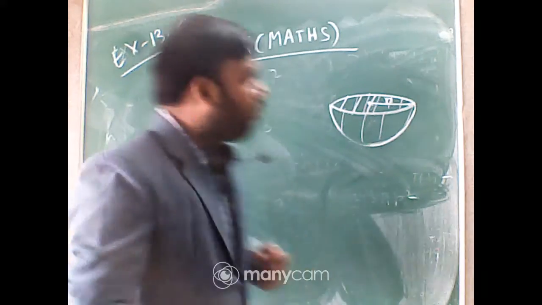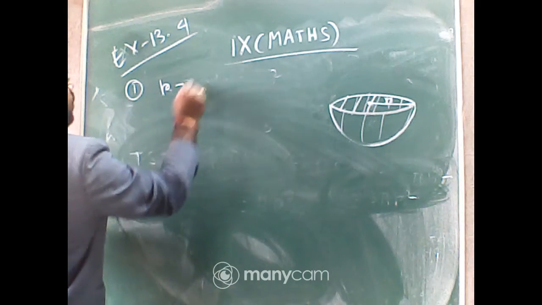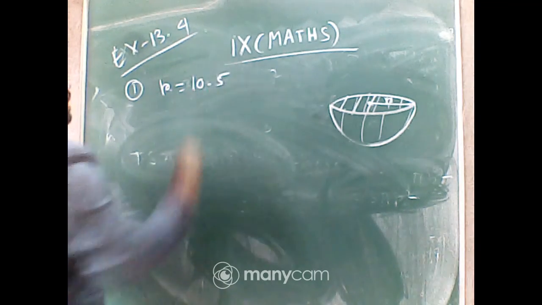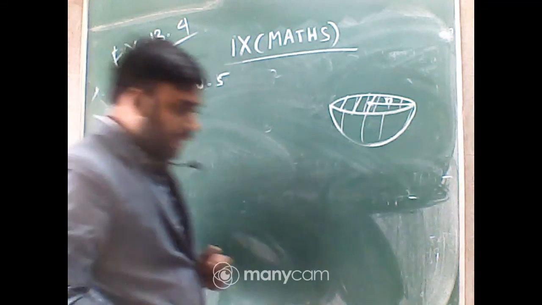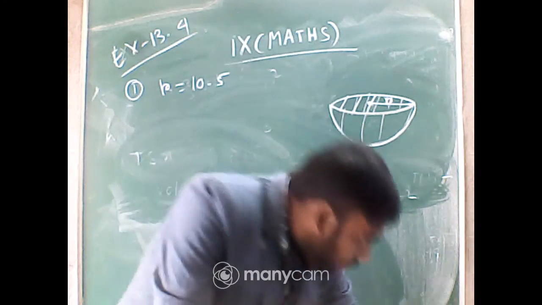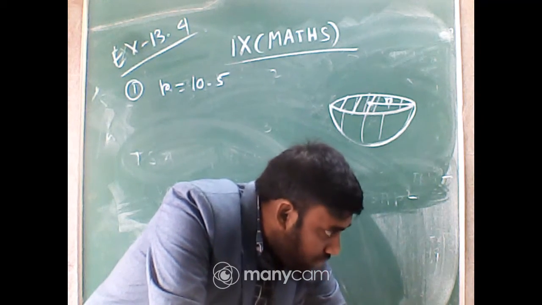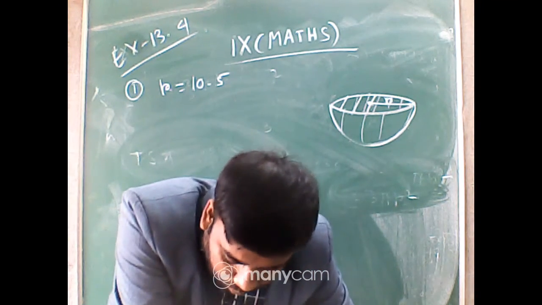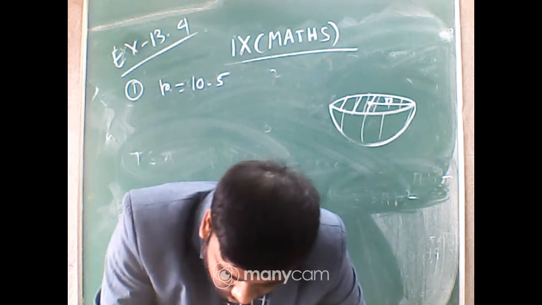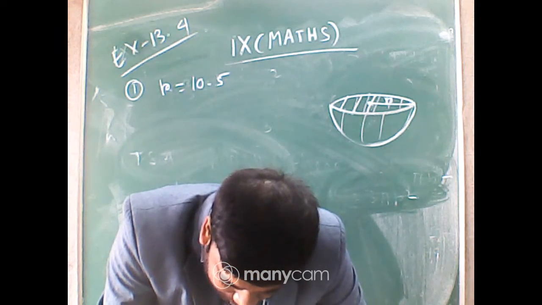So radius equal to 10.5, find the surface area. Quickly solve it. Who will solve first? I want to see. If r equal to 10.5 centimeter, then what will be the surface area? Solve quickly.